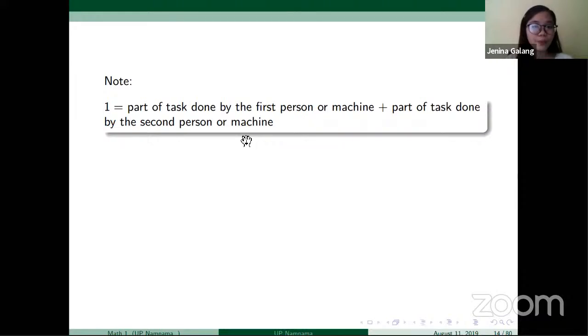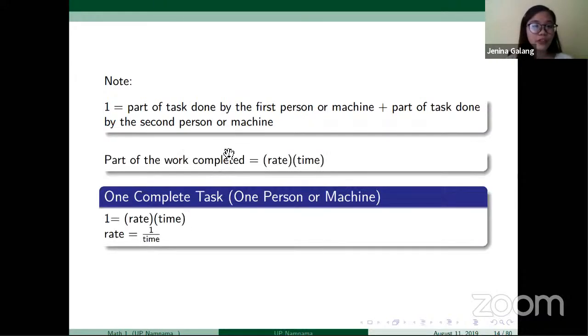So, yung part of the work completed is equal to the rate times time. And if isa lang yung person or machine na nakatapos ng one whole complete task, then 1 is equal to rate times time. And here, we can get rate is equal to 1 over time.